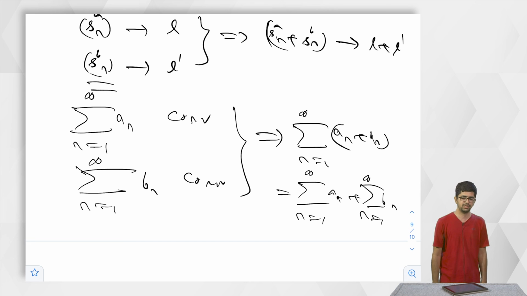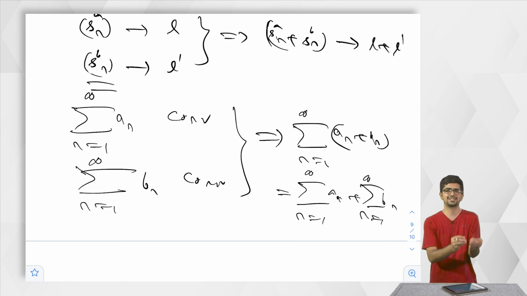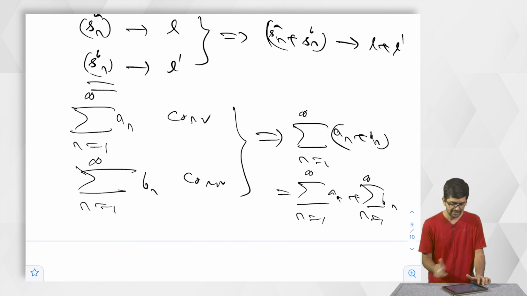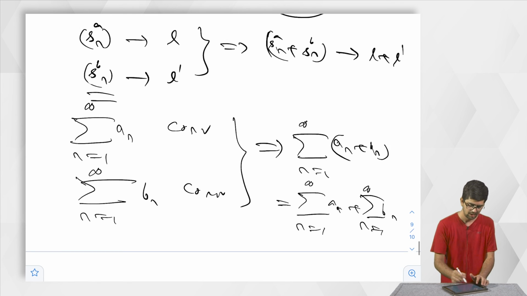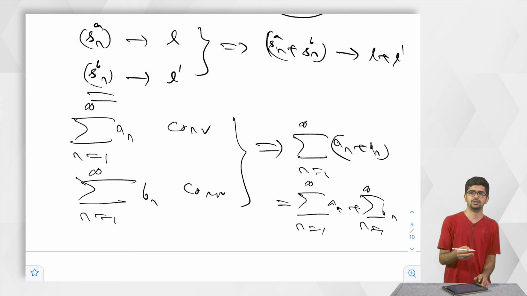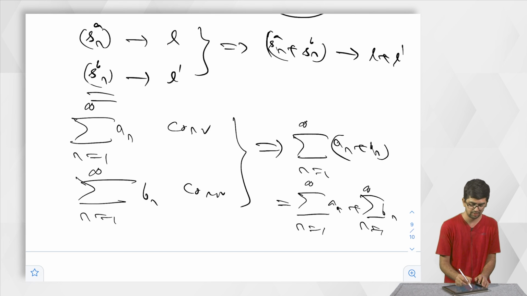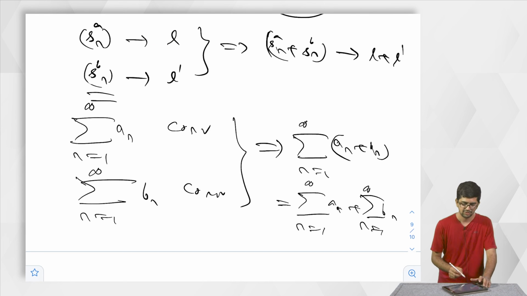Right, this should tell you that we are really just copy pasting the idea from limits of sequences and putting it here, and it seems to work. And not just that, given a sequence that goes to L, if I take some other constant and simply multiply it, it will still be convergent, but not to L, maybe to alpha. So one can do the same thing here also.